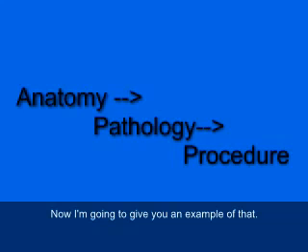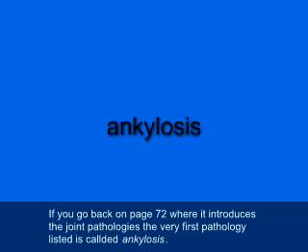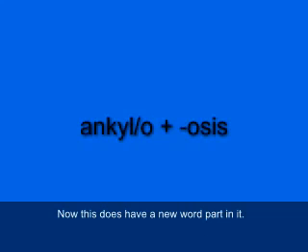If you go back on page 72, where it introduces the joint pathologies, the very first pathology listed is called ankylosis. Now, this does have a new word part in it. Ankylo, A-N-K-Y-L-O, which means crooked or bent.